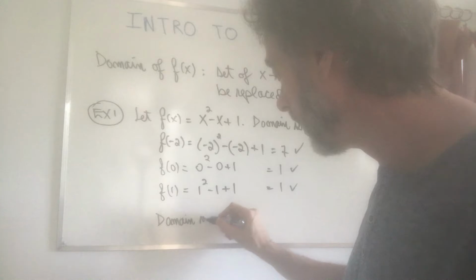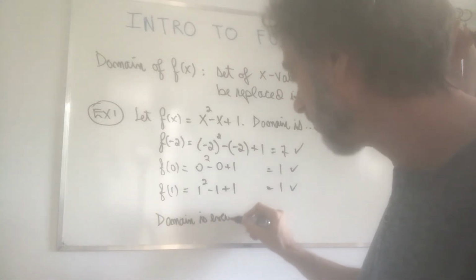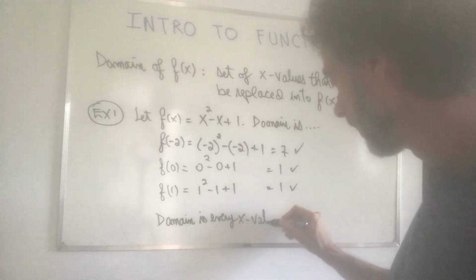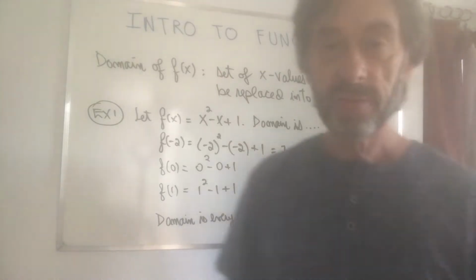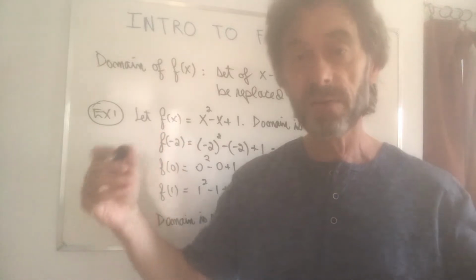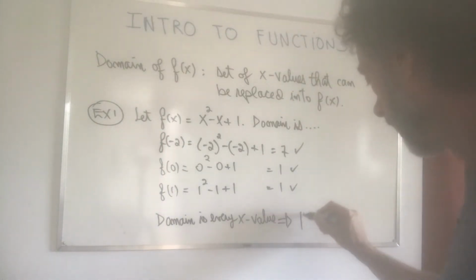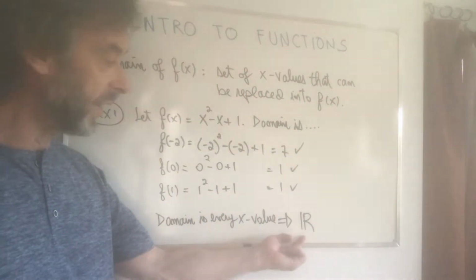Domain is every x value. And every x value we say is the set of all real numbers. This is the notation for the set of all real numbers.